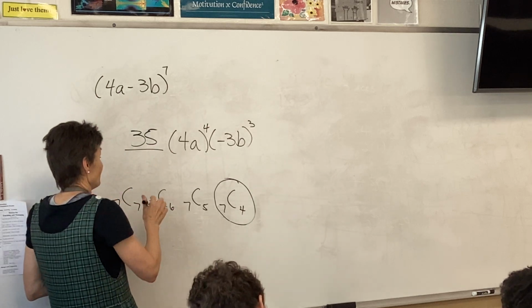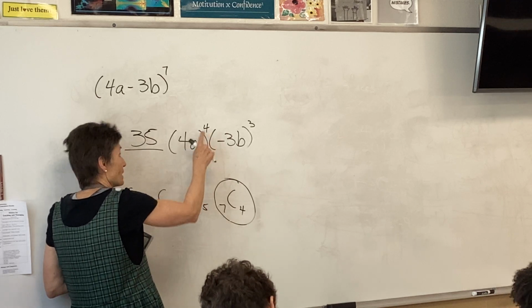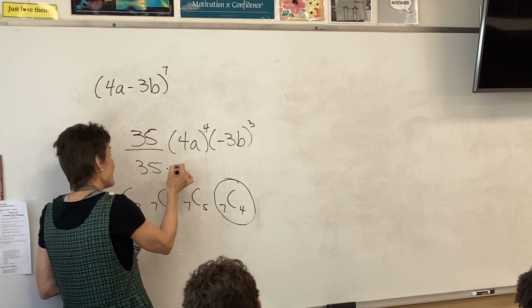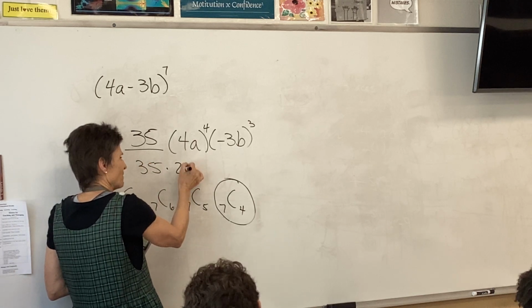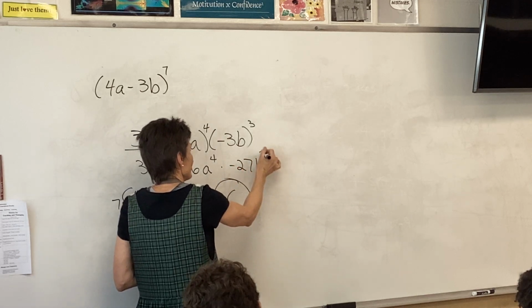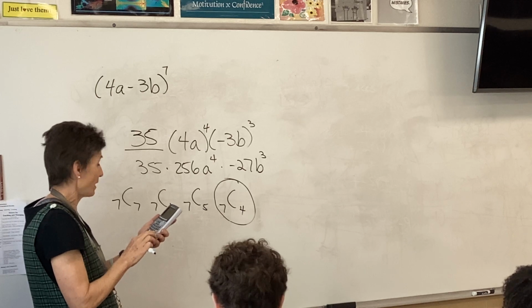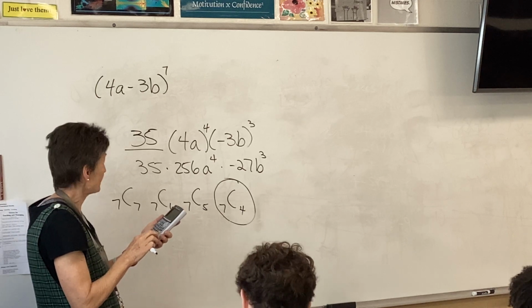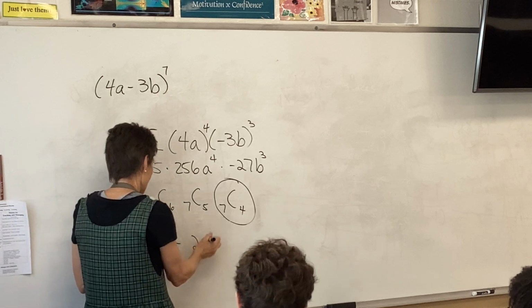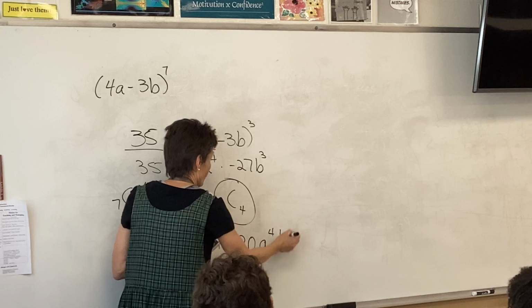Now I have to simplify, keeping in mind that the exponent goes with the numbers also. So this is 35 times 256, a to the 4th, times negative 27. Multiplying 35, 256, and 27 together, I got negative 241,920, a to the 4th b cubed.